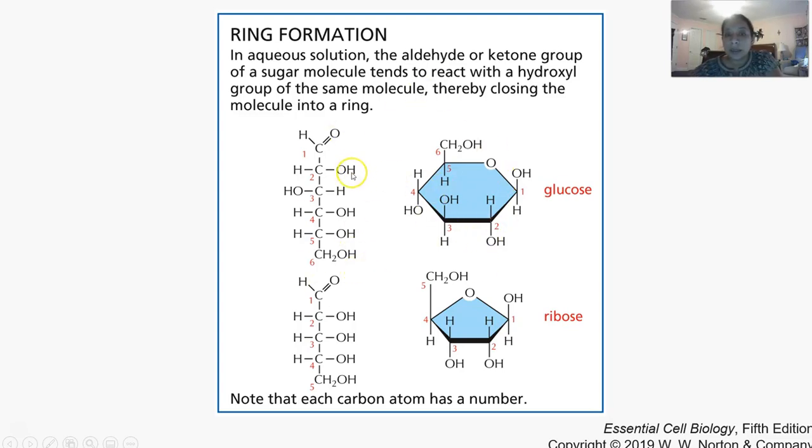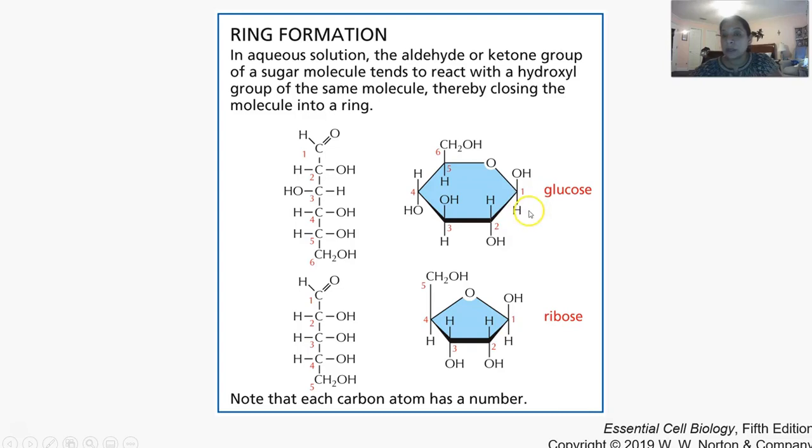These sugars can combine together under certain conditions to form a ring structure. This is usually in aqueous solutions. The aldehyde or ketone groups in the sugar molecules will react with the hydroxyl group in the same chain to create a ring structure, which is what you see right here in the case of glucose and ribose.